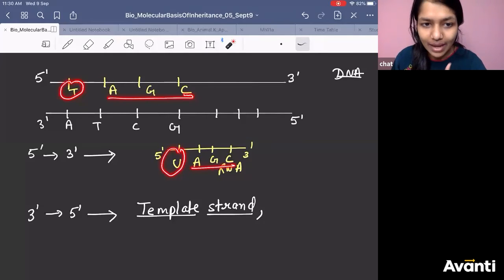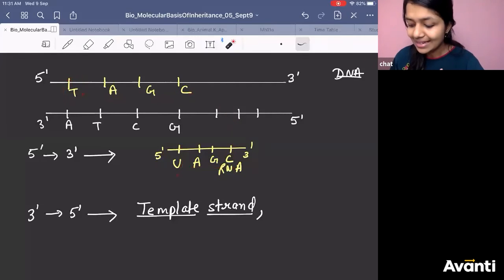This is the reason why this strand is called the coding strand. Because the RNA code which you will get will be exactly a carbon copy of 5 prime to 3 prime, except at the place of thymine, you will have uracil.